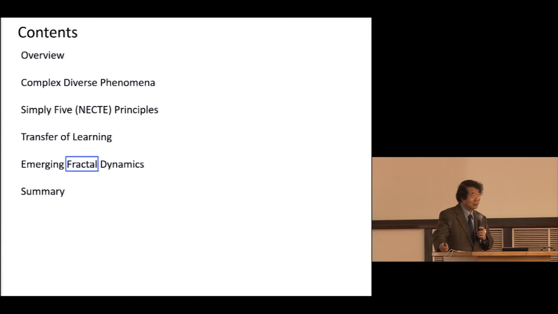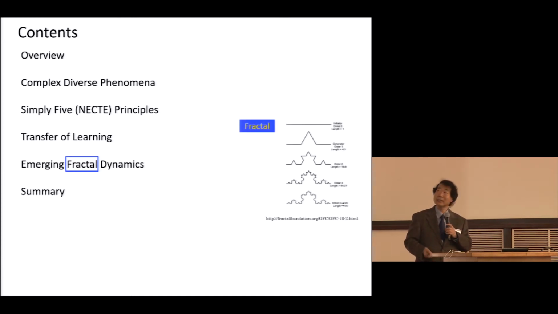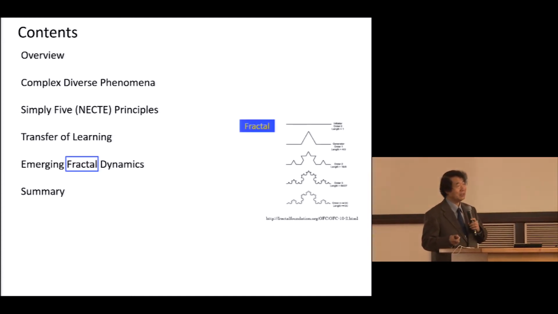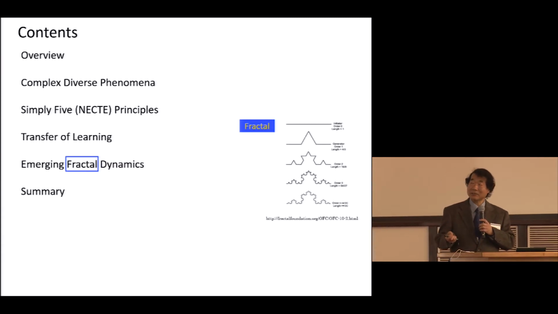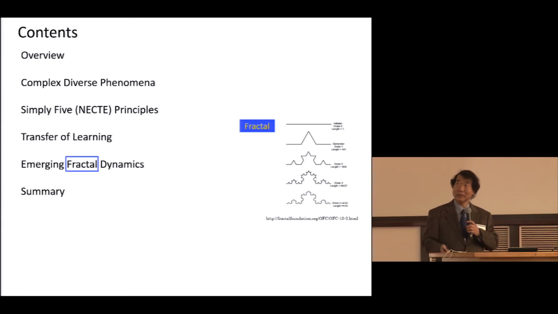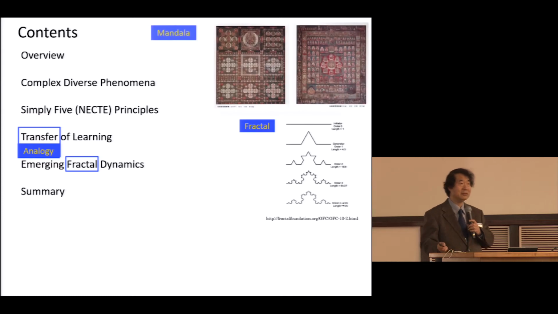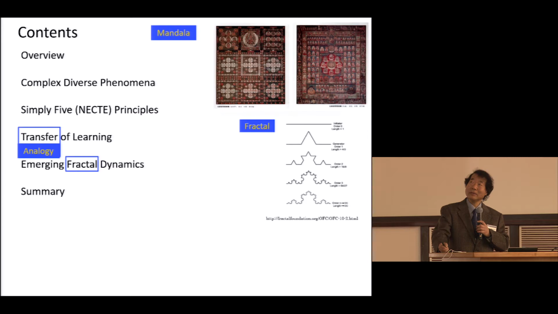One of 2 important keywords is fractal, which can be represented by this kind of self-nested hierarchical patterns, well known in Western science. Another keyword is transfer or analogy, which may relate to mandala in the Eastern world.